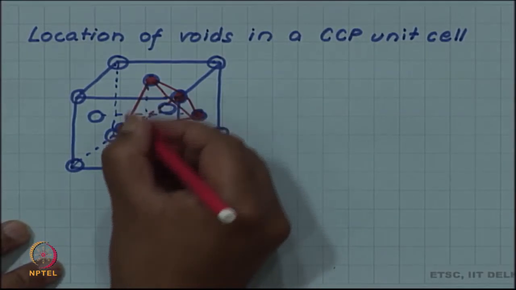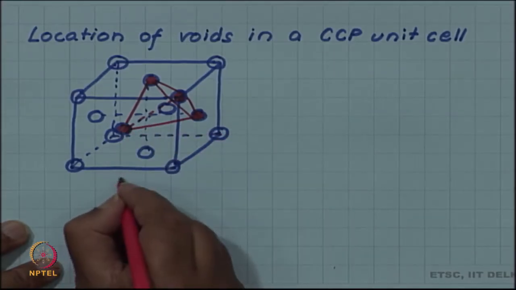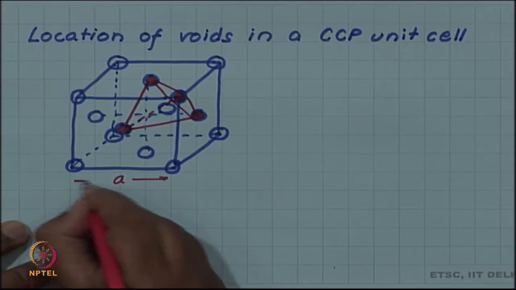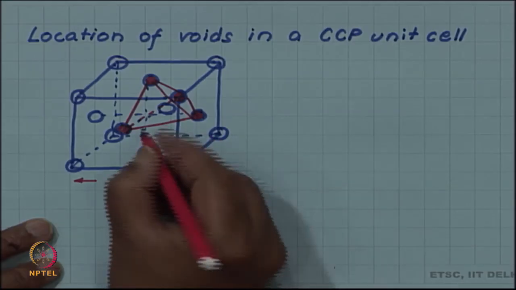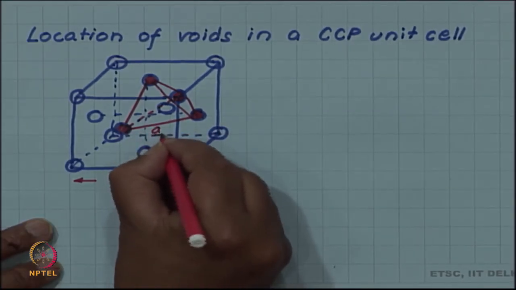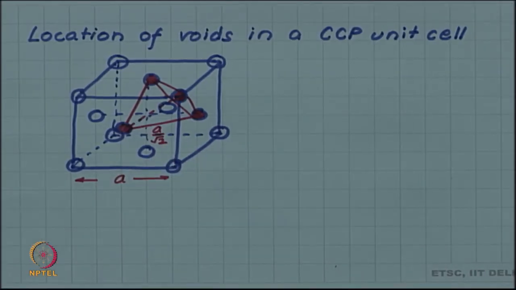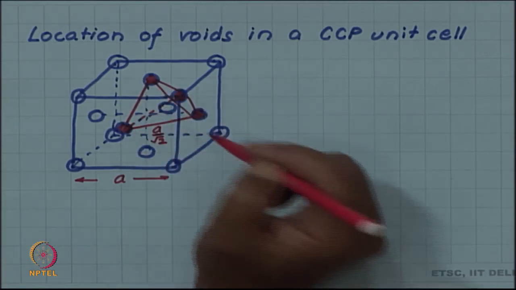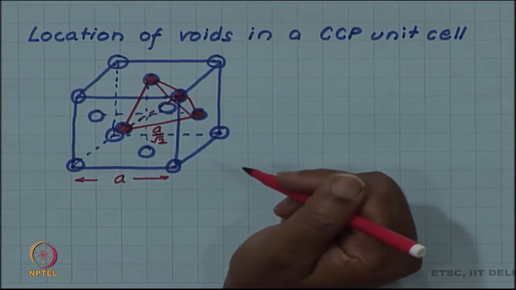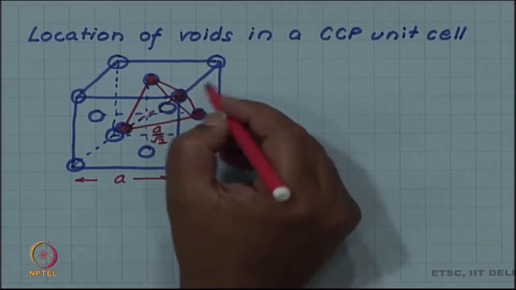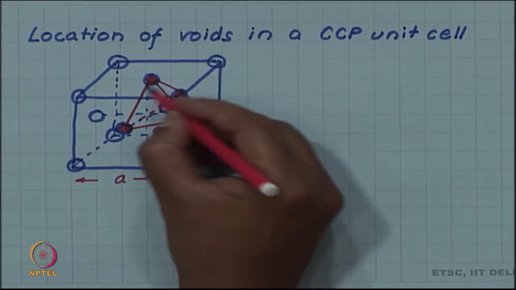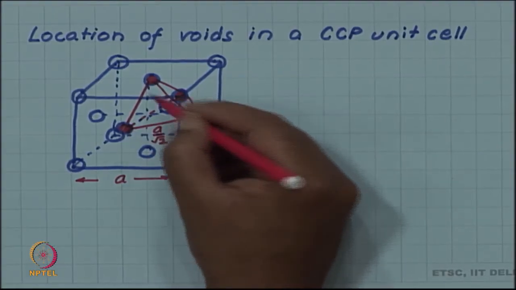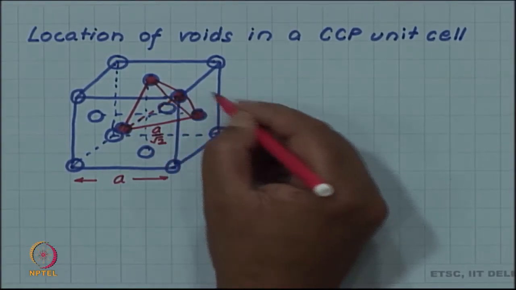Each of these edge lengths, you can easily compute in terms of the lattice parameter A. Each of them is equal to half the face diagonal, so they are A by root 2. Each face is an equilateral triangle, and that is where you have a tetrahedral void. This tetrahedral void is totally inside the unit cell. You can see that the bounding edges are all either on the face of the cube or inside.